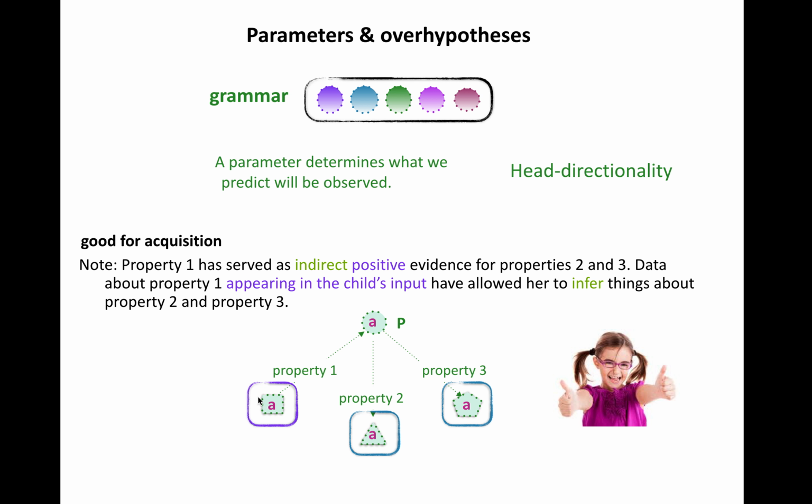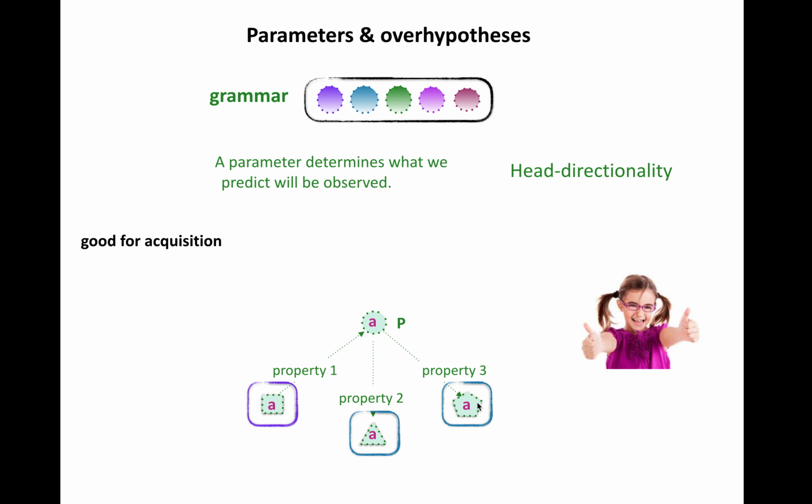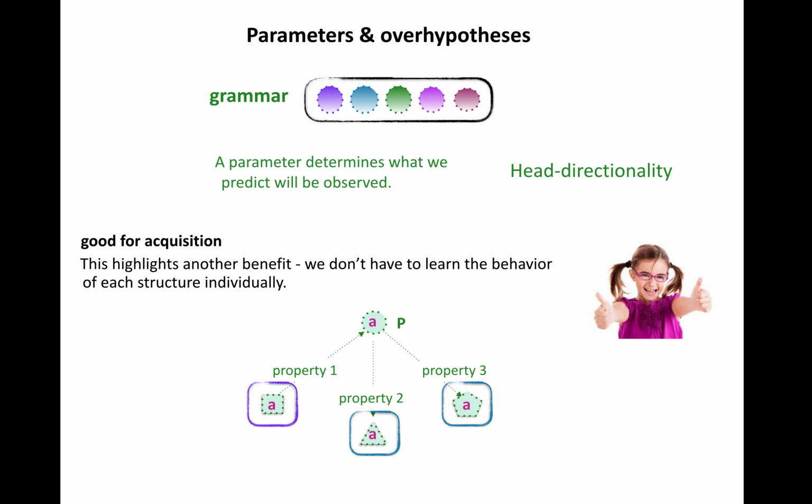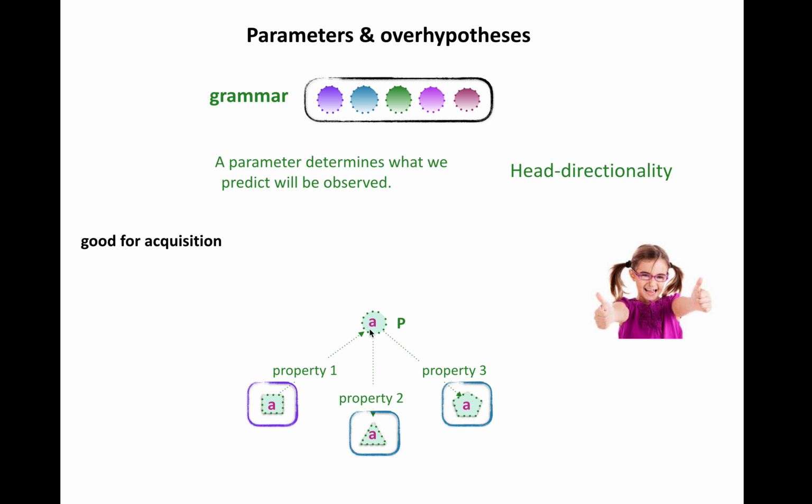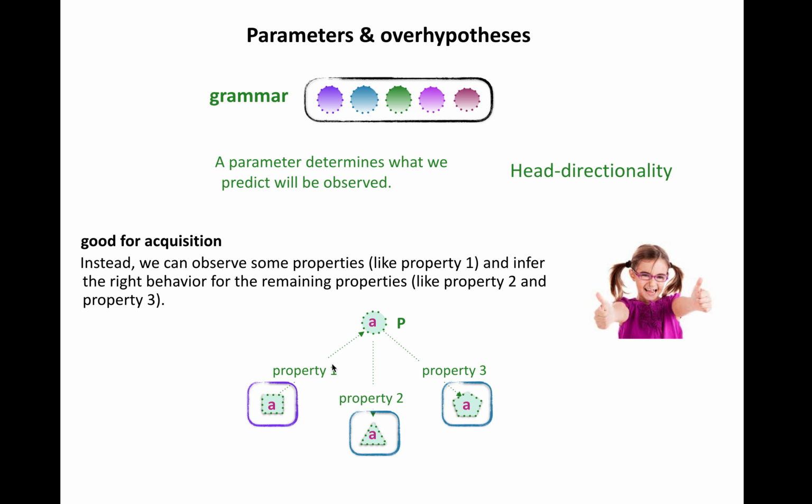That is, data about property 1 appearing in the input have allowed you to infer things about properties 2 and 3. And so this highlights another benefit: we don't have to learn the behavior of each structure individually. We just have to learn about that parameter that's connected to all of them. We observe some properties, maybe 1, and we can infer the behavior for the remaining properties, like 2 and 3 in this example.